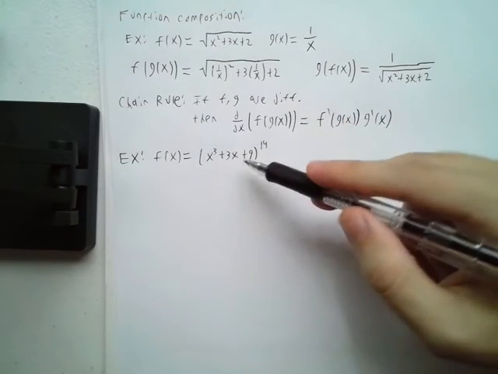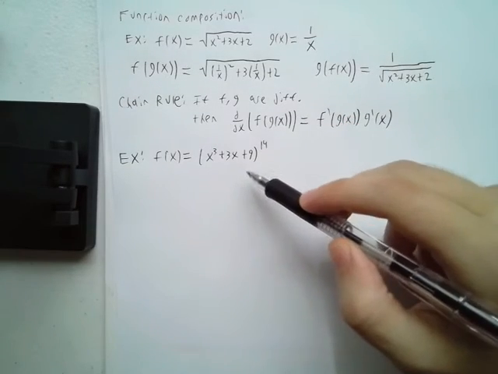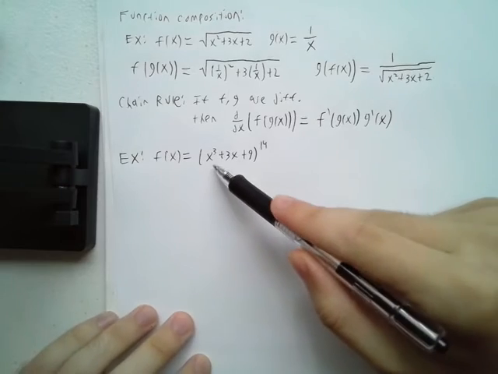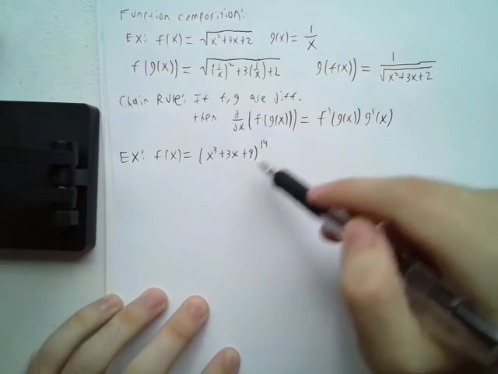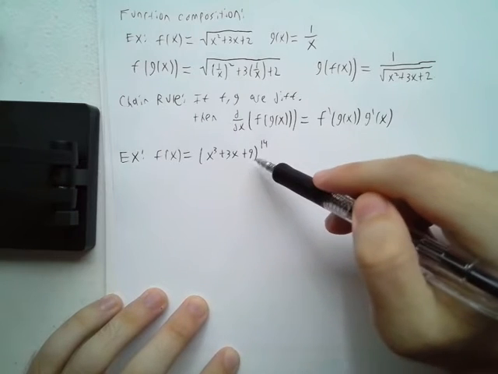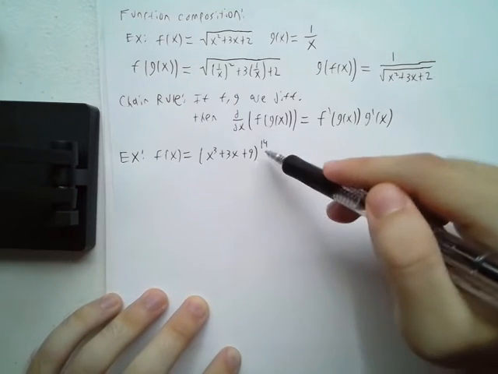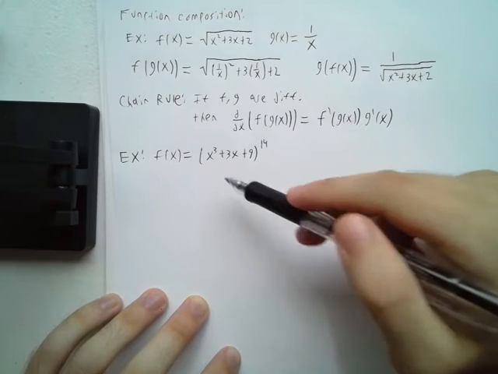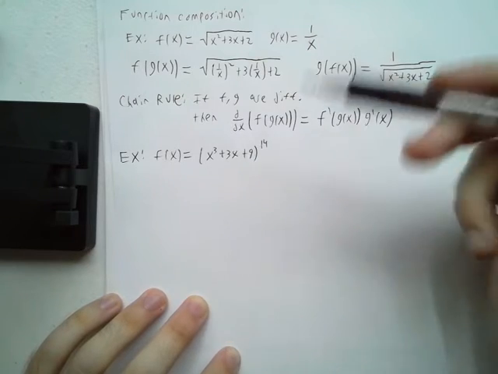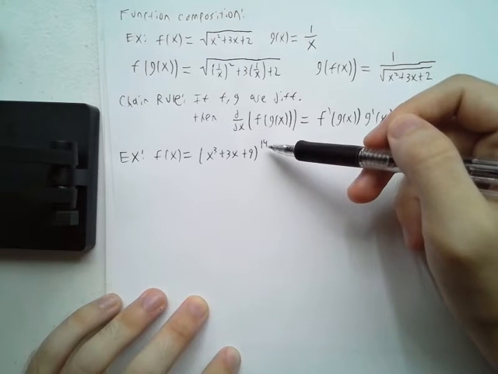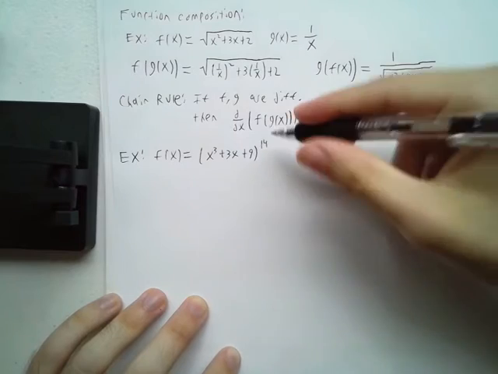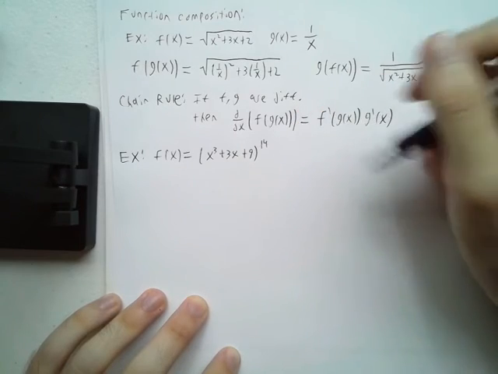Strictly speaking, we could have done this derivative before using just the power rule by multiplying all of these terms out. You'd get some really long polynomial with x's in it, and then you could use the power rule. But it would be very tedious because expanding something to the 14th power is going to take a very long time. So we can do better if we use the chain rule.